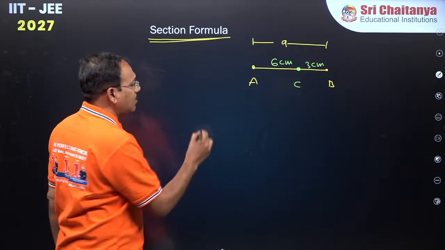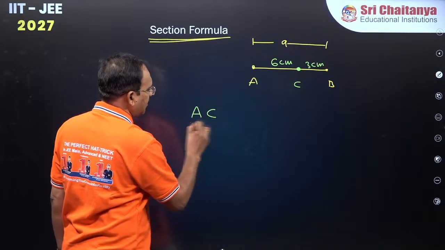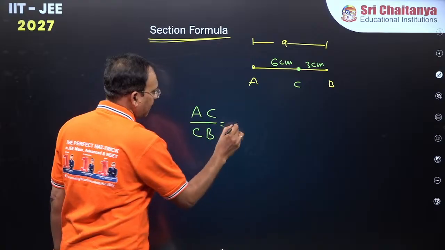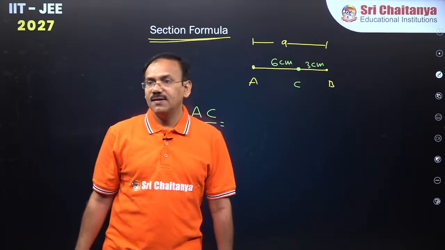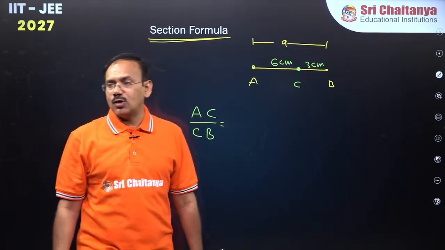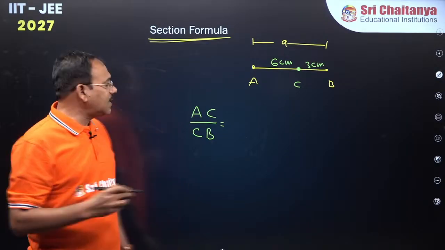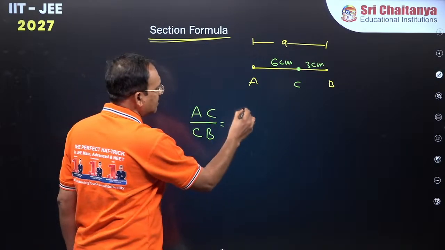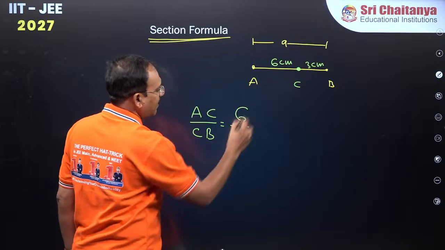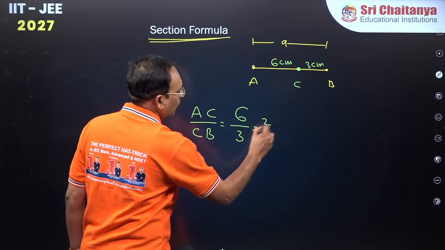Now, what can you say about AC by CB? Come on, quick. AC is 6 centimeters, CB is 3 centimeters, so 2 by 1.